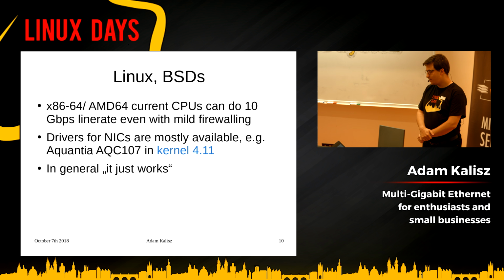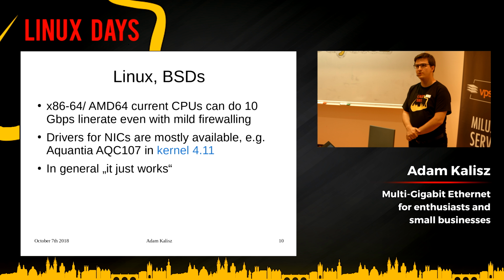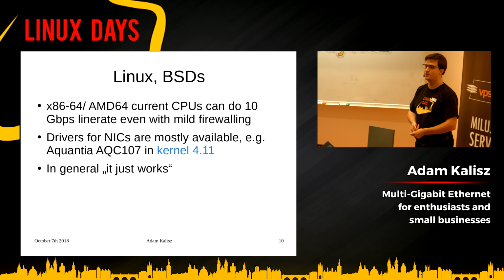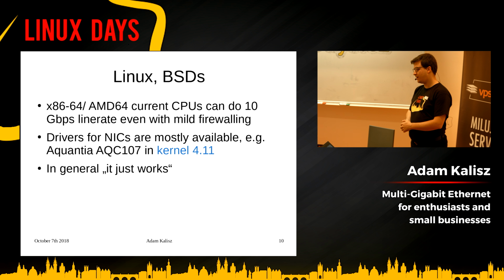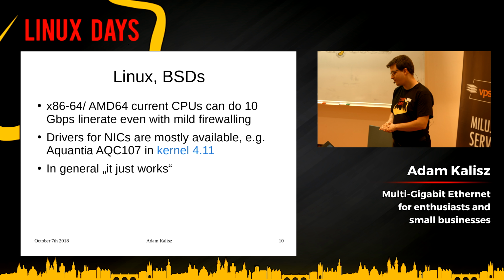So on Linux and the BSDs nowadays, with usual processors, it is possible to do filtering, routing, all these nice things in line rate 10 gigabit. It's not easy, but it's possible. And you shouldn't need to configure too much of the stuff. You will probably need a better processor then, because you don't know what you are doing exactly, but there is the power to manage.